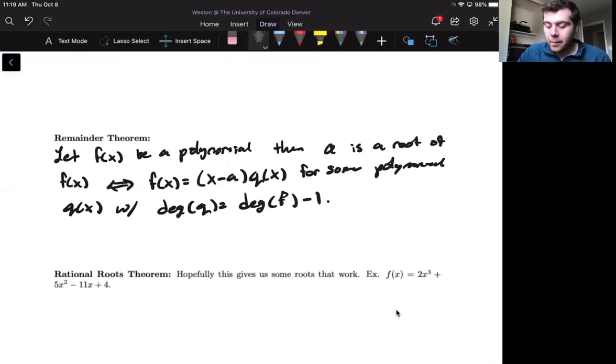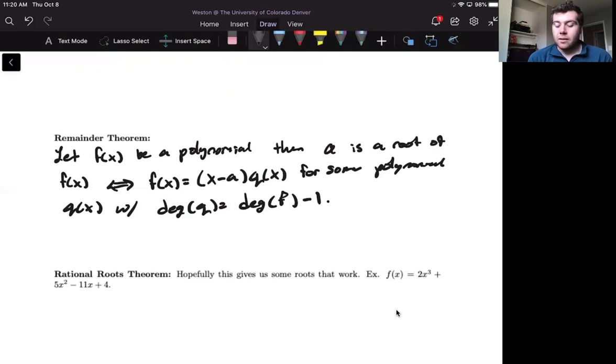So that's saying that if we have a root, then we can literally factor out x minus a, and then get a subsequent polynomial q of x where the degree of q is 1 less than f, which makes our problem a little bit easier for finding the roots of q because the degree of q is 1 less.